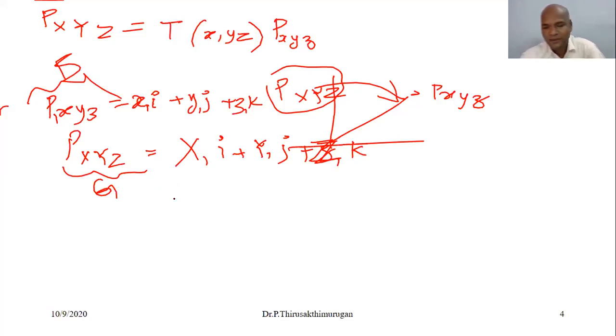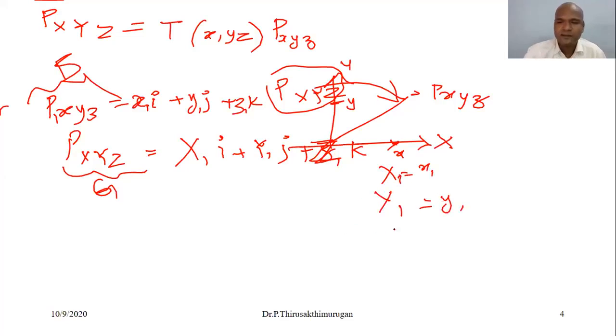Previously, the body frame coordinate is small x and small y, and the global frame is capital X and Y. Initially, when the body frame coincides with the global frame at one place, capital X equals small x, capital X1 equals small x1, capital Y1 equals small y1, and capital Z1 equals small z1.